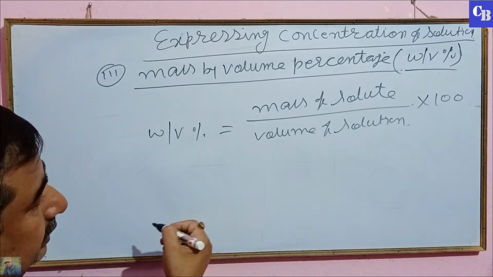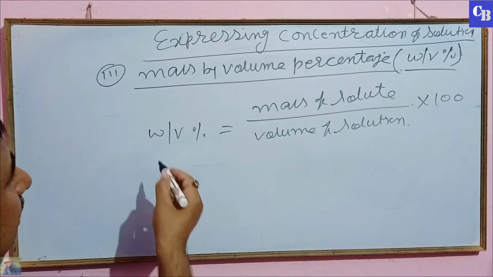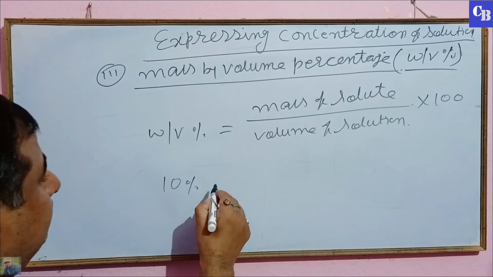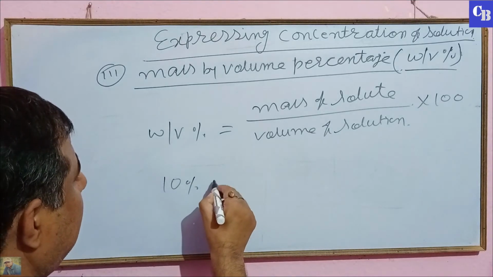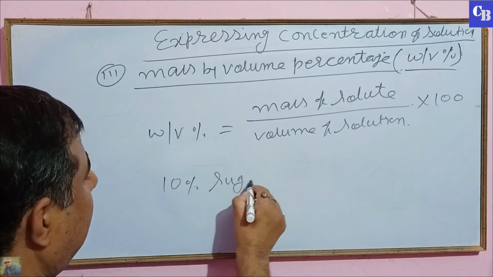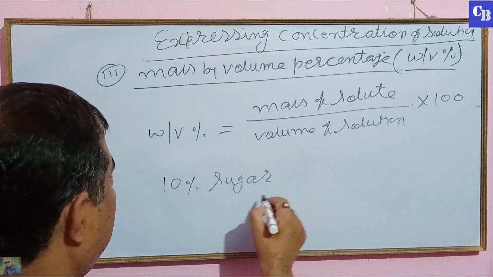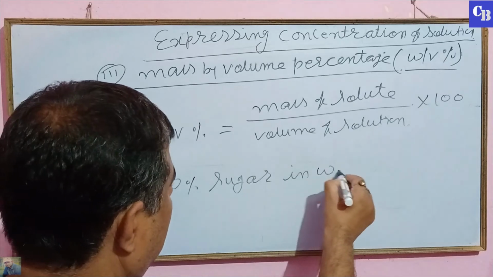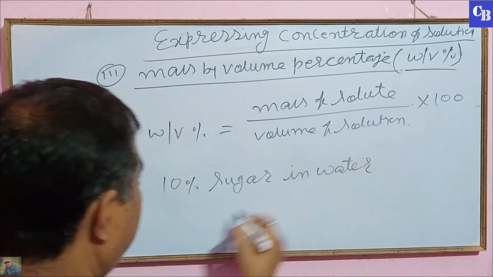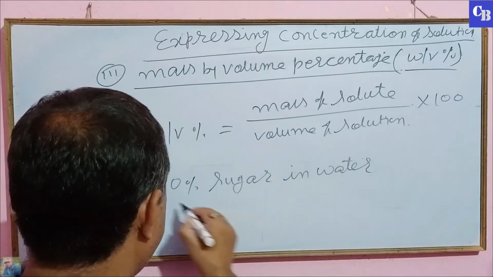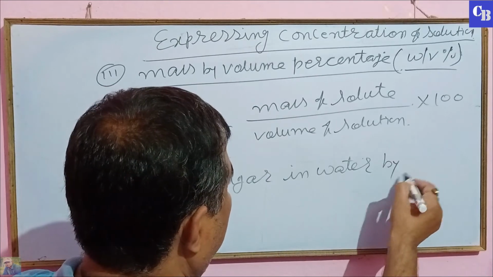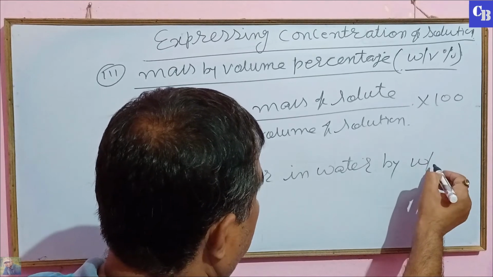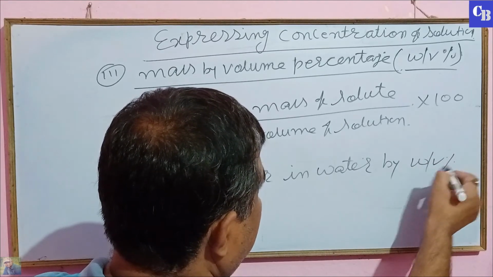Suppose that we write 10% sugar in water by W by V percentage.